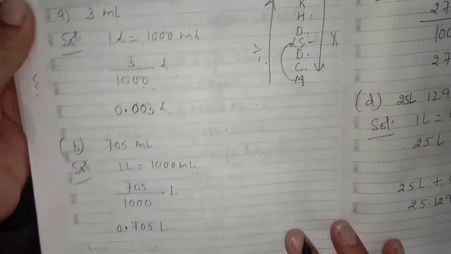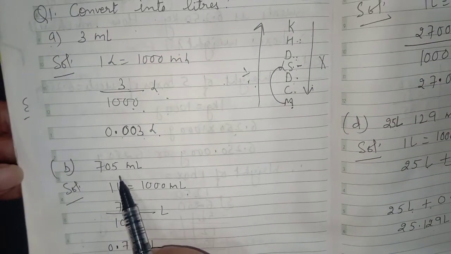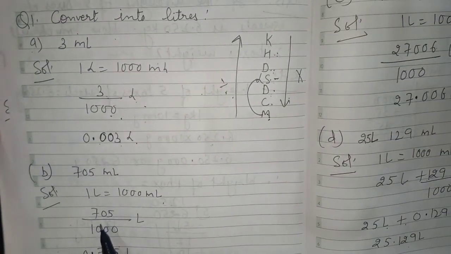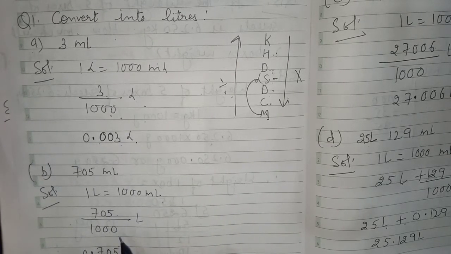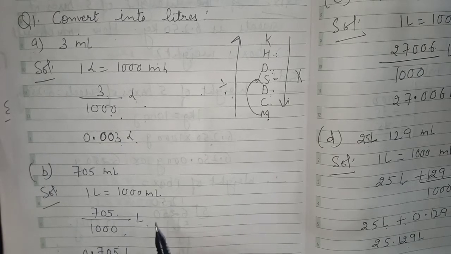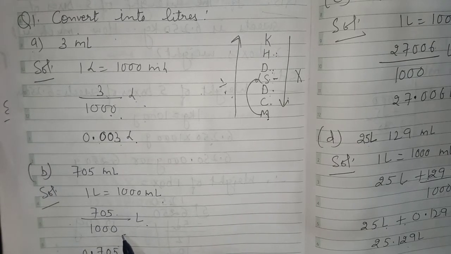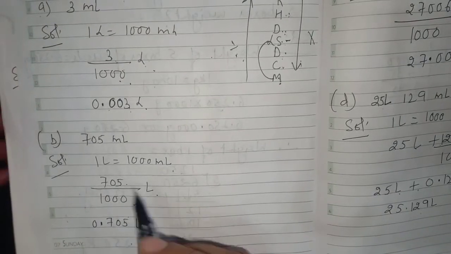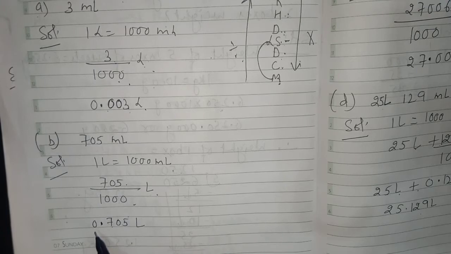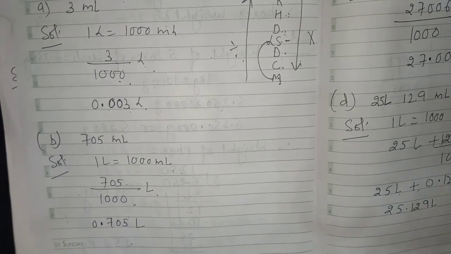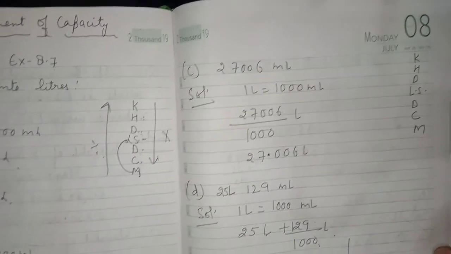Now part B, 705 milliliter. Again we have to convert milliliter to liter, so we will divide 705 by 1000. If your denominator is 1000, you write the numerator and, counting from the right side, put the decimal before 3 digits, so your answer will be 0.705 liters.